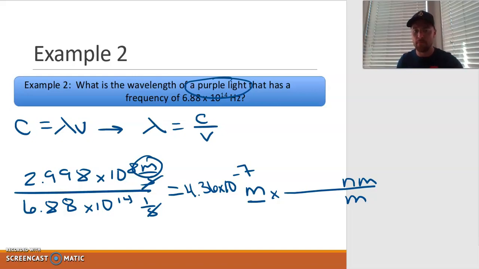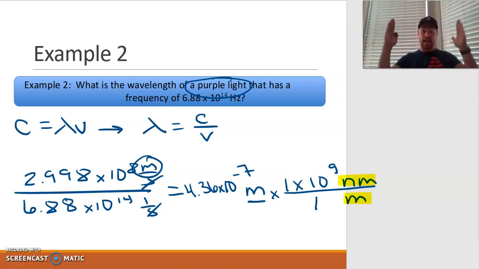We can say 1 meter contains 1 times 10 to the 9th nanometers. Notice it's times 10 to the 9th, not negative 9th, because think about it. A nanometer is so much smaller than a meter. So it would make sense that 1 meter contains a heck of a lot of little tiny nanometers.